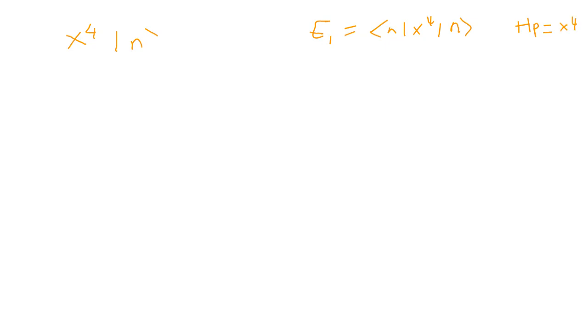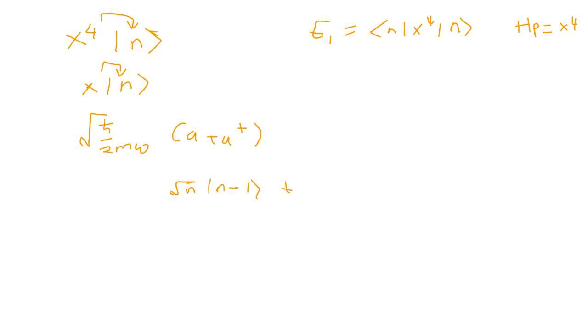So then you have to start finding what this is. You do what I did: you start with x acting on |n⟩, write it in terms of creation and annihilation operators, square root of ħ over 2mω times (a + a†). So I think this gives you, if you look at the previous stuff, square root of n times |n−1⟩ plus square root of n+1 times |n+1⟩.